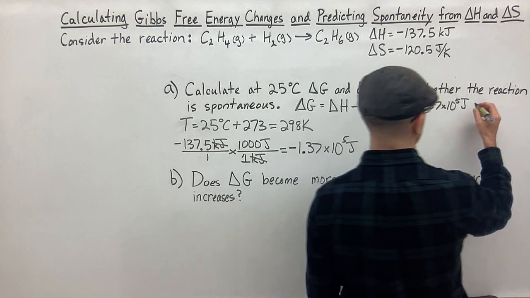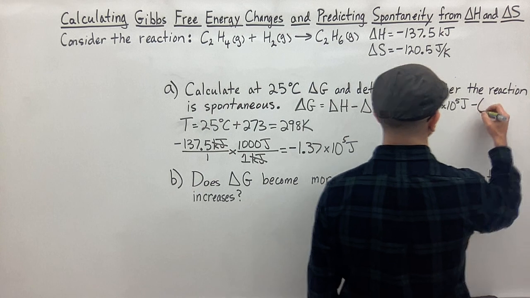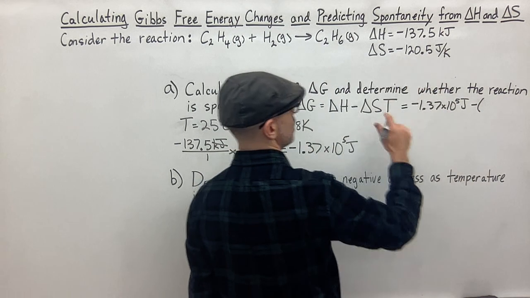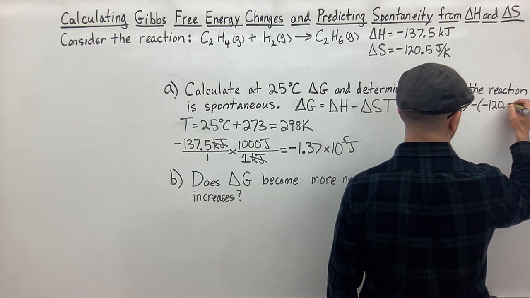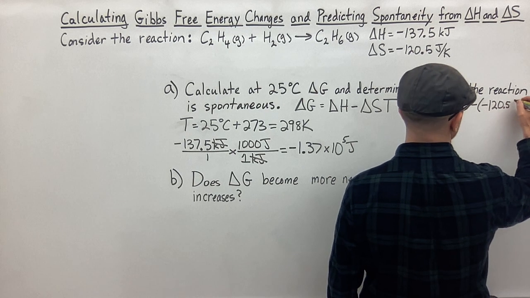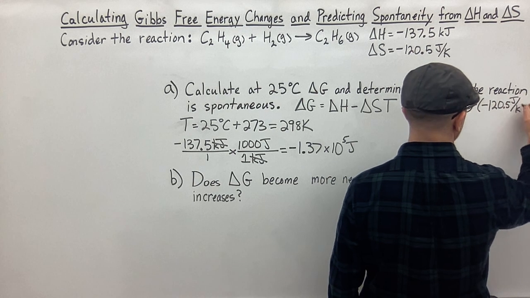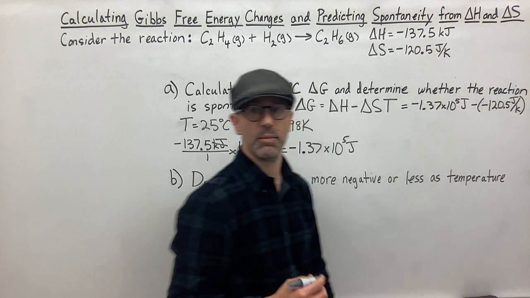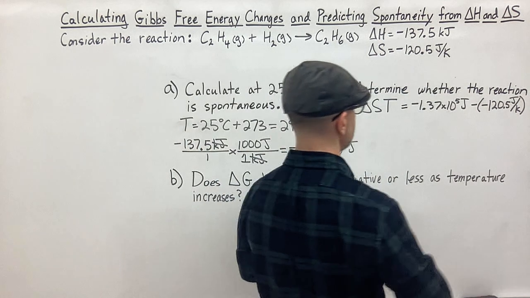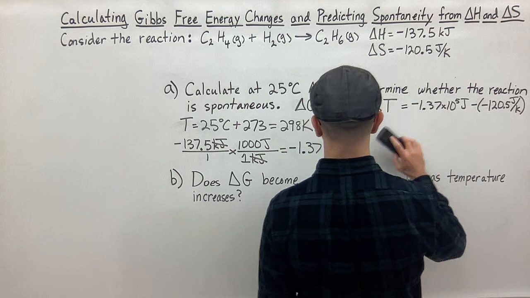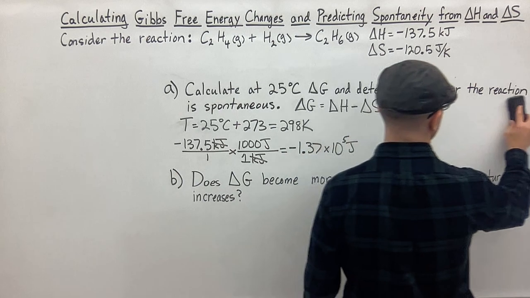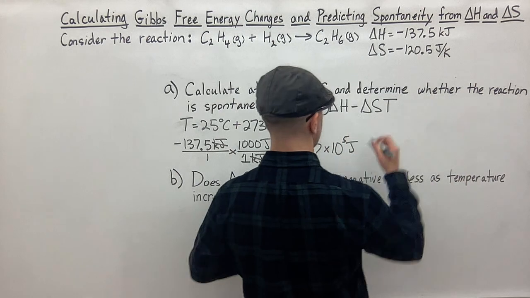And then I'm going to subtract out the negative 120.5 joules per Kelvin, and I'm going to multiply that by T. Here, let me give myself some space and rewrite that down here.